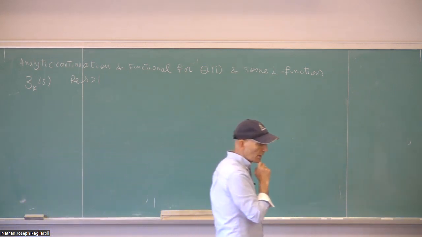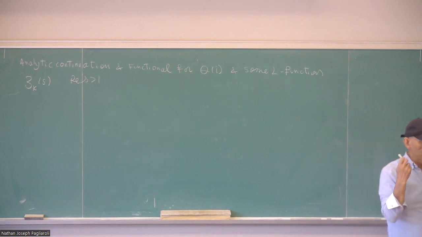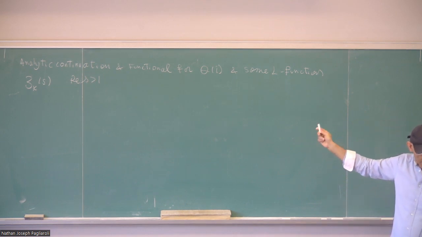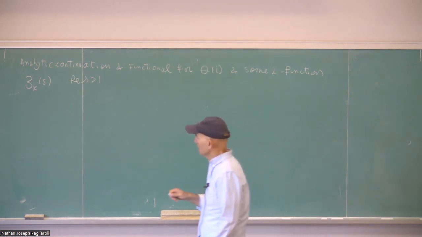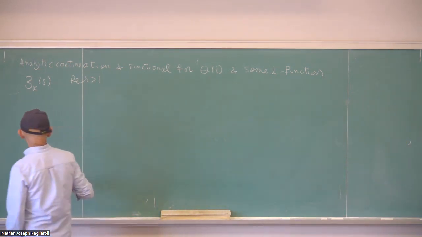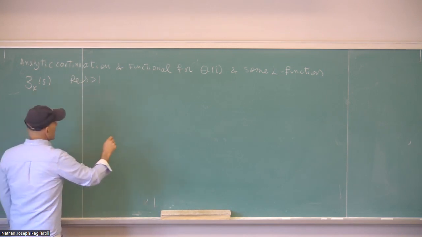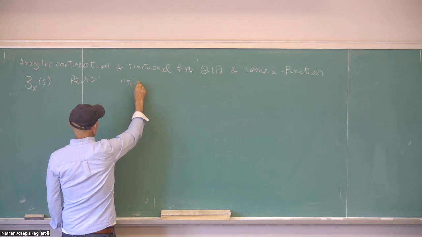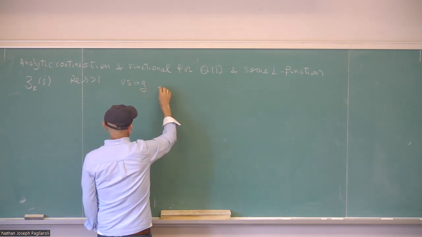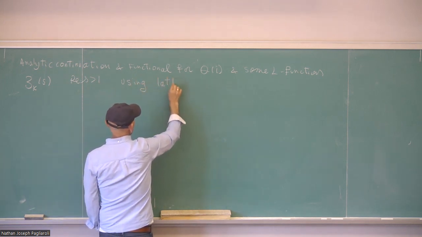I'm going to give you an idea of this method, at least in this case, because it's worthwhile to know. So this is basically using theta functions, which I call lattice theta functions.